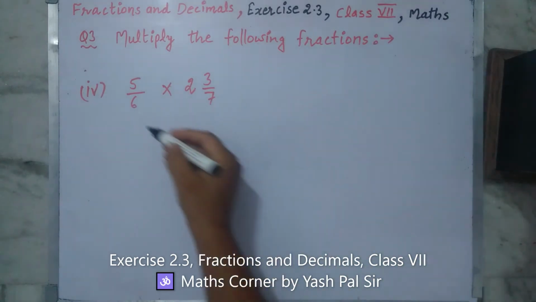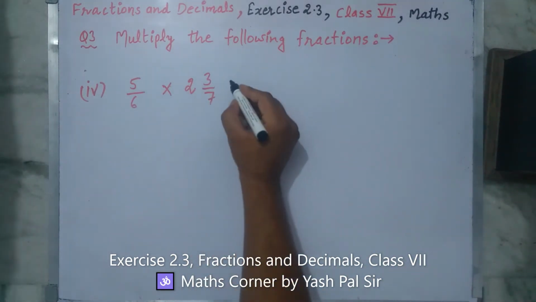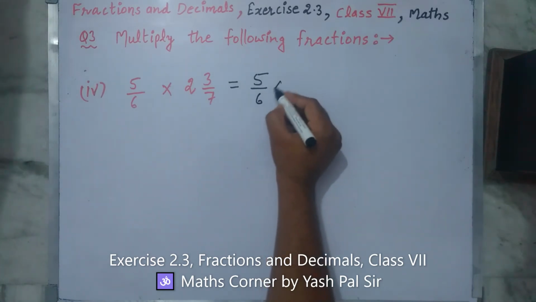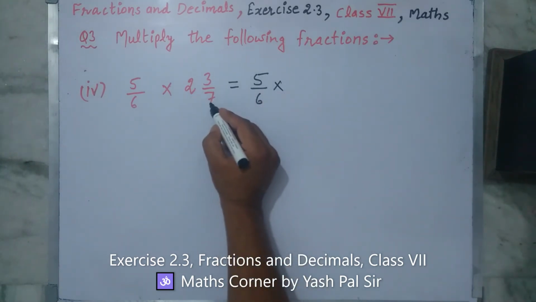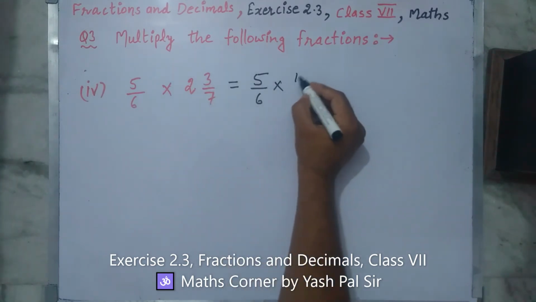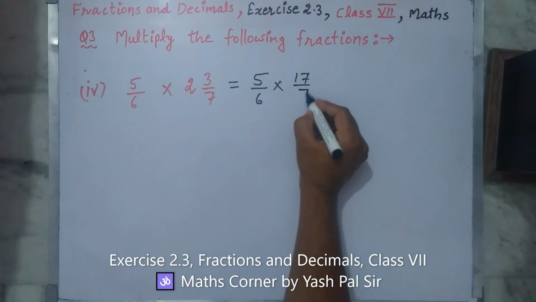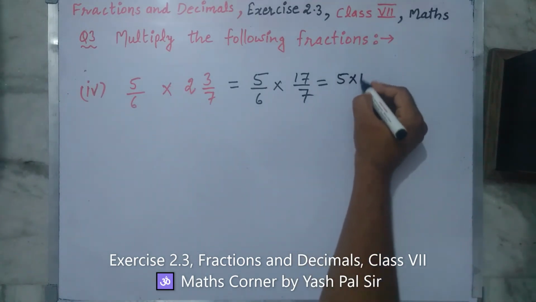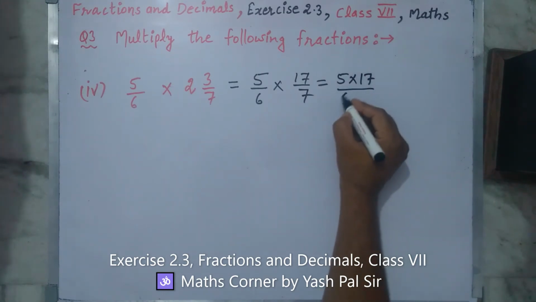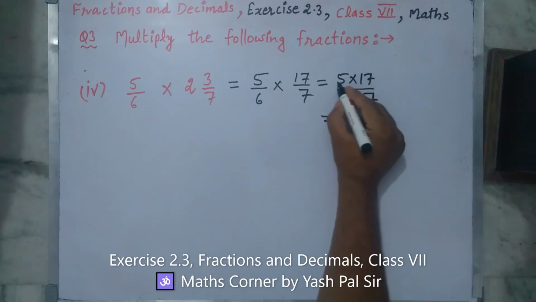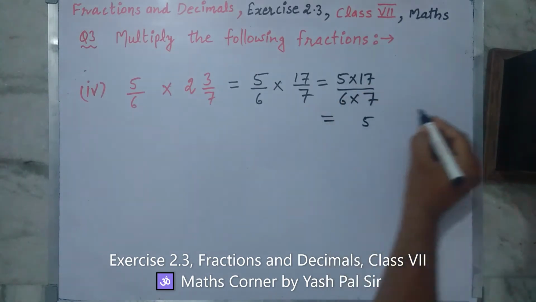Fourth part, 5 by 6 into 2 and 3 by 7. So first of all, we write this as 5 upon 6 into 2 into 7, 14. 14 plus 3, 17 upon 7. So now we multiply 5 into 17, divided by 6 into 7. So what is the answer? 7 into 5, 35.